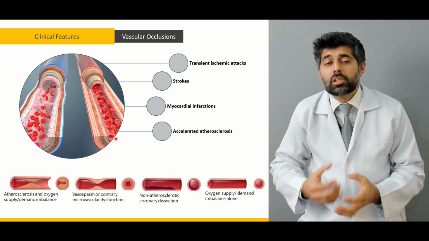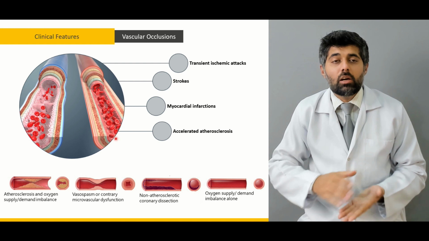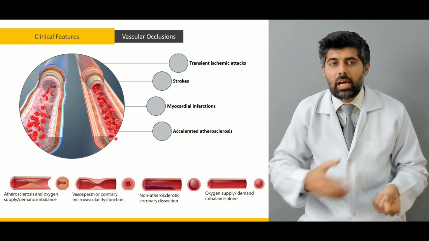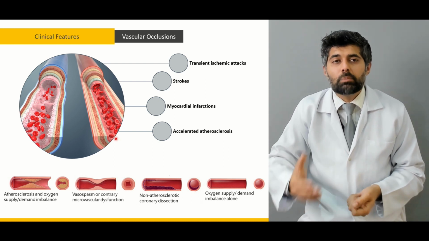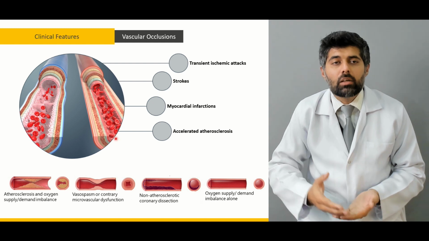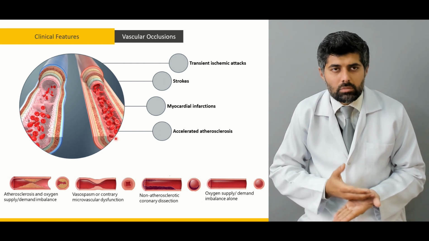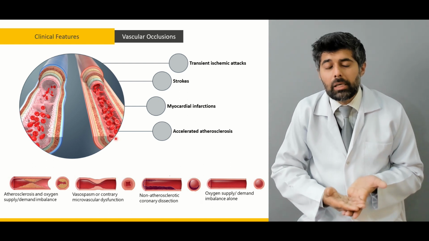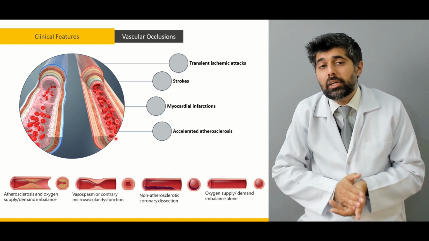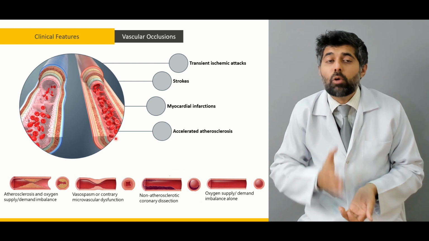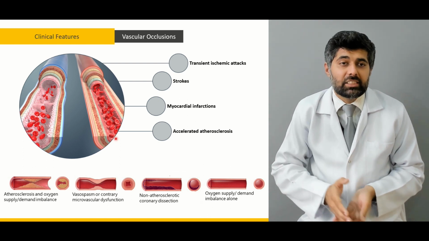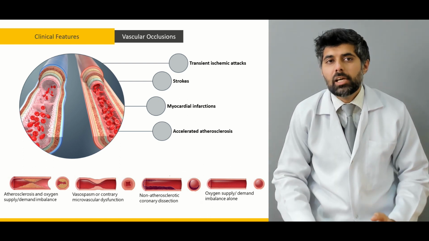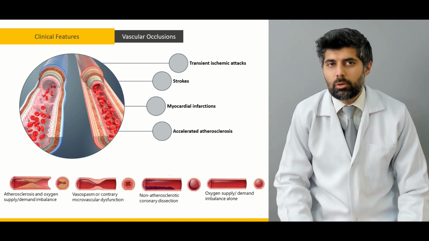Atherosclerosis is a process which happens over time through the deposition of plaque over the endothelium of the artery, but that can be accelerated by the deposition of autoantibodies in SLE. So this can happen and must be taken into consideration.